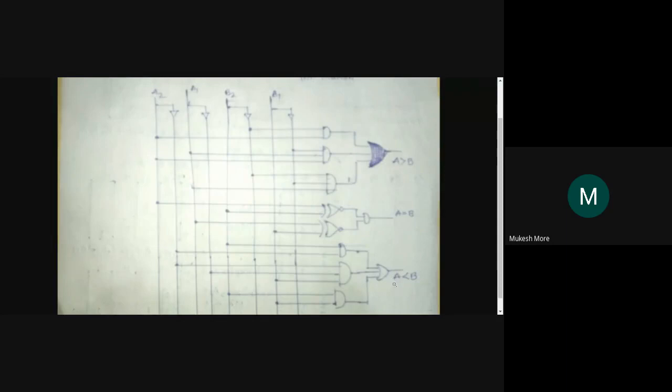And if number A is less, then we will get the output at the third position. So for any number comparison, we just have 3 outputs: if both numbers are equal, if one number is greater than the other, and third, if the second number is greater than the first one. So these are the outputs of your 2-bit comparator.